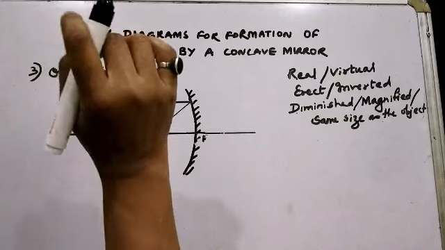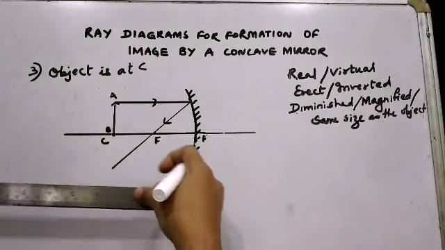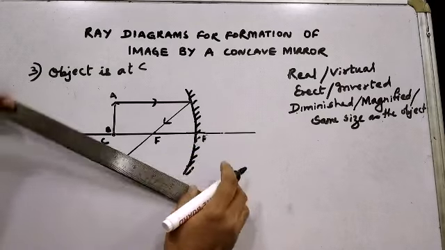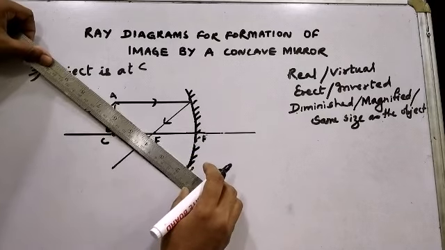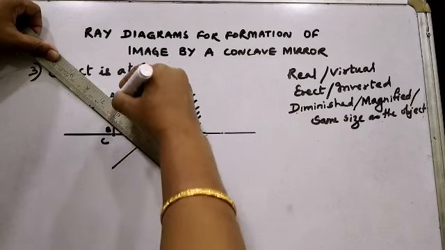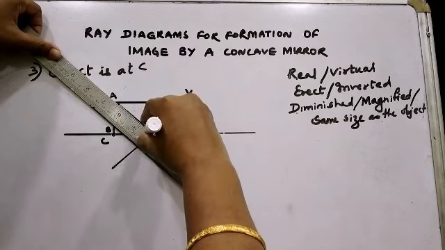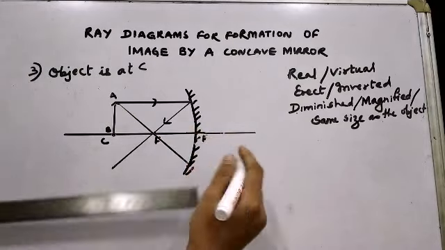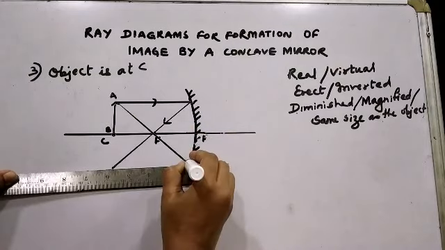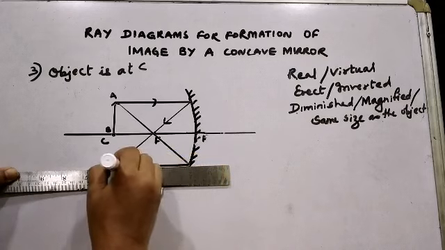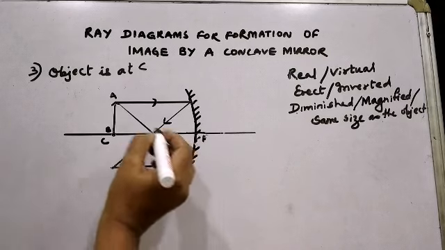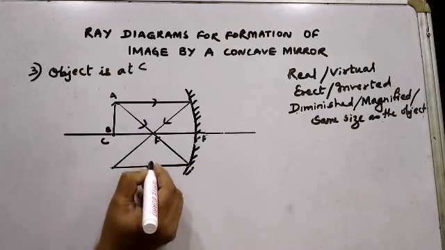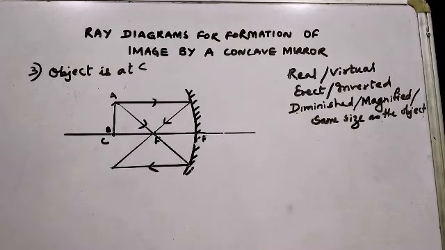Then I will take the second rule, that if the incident ray passes through the focus, once again the incident ray will start from point A, it will pass through the focus of the mirror, and after passing through the focus, the reflected ray will be parallel to the principal axis. So the incident ray is passing through the focus, and after reflection it becomes parallel to the principal axis.